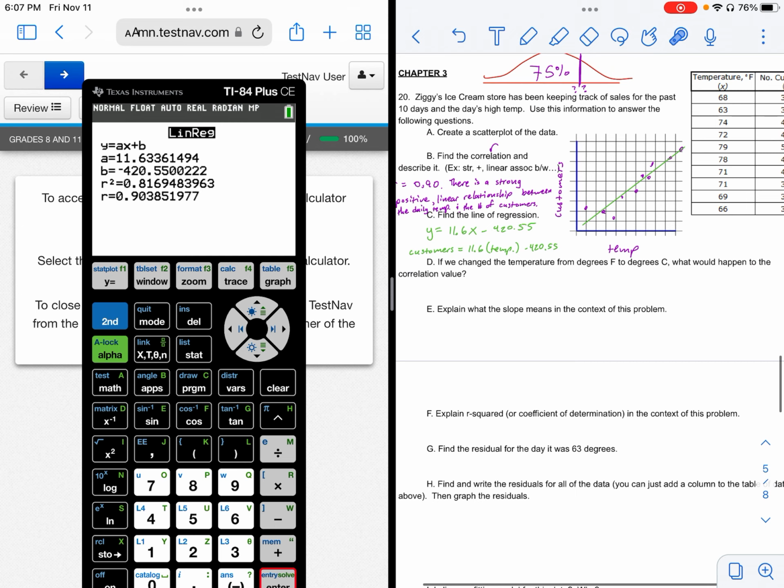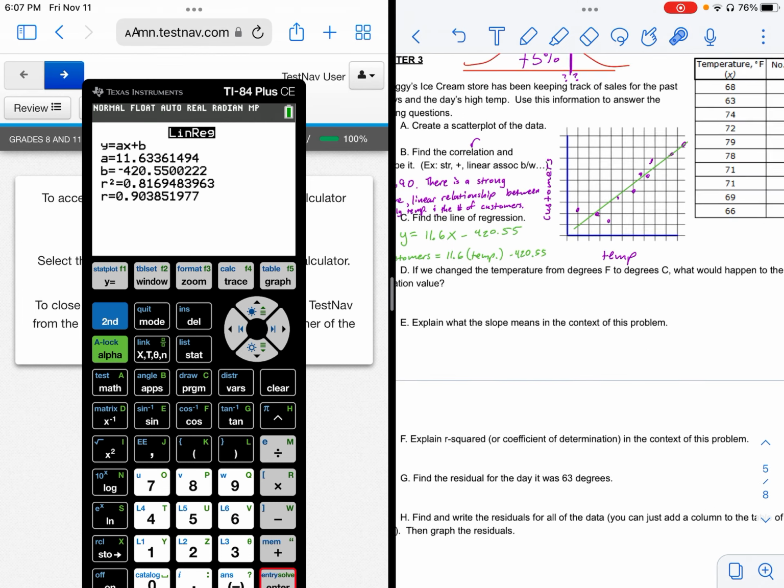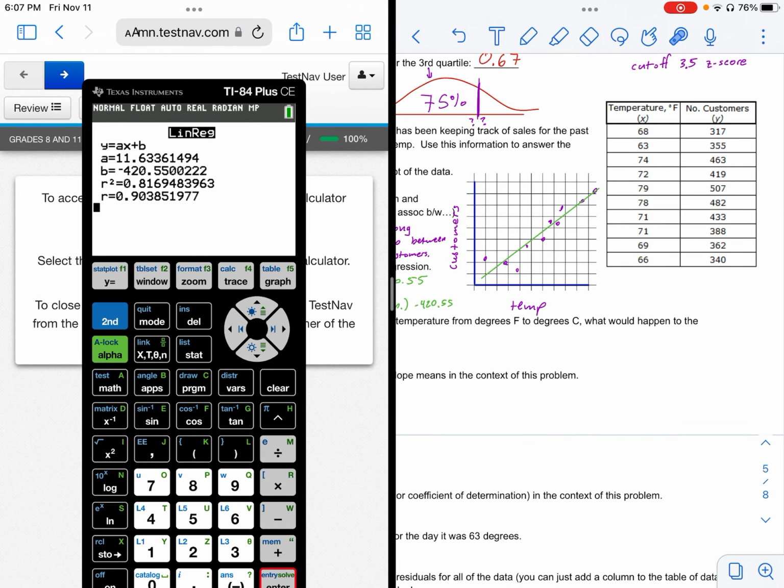Okay. If we change the temperature from degrees Fahrenheit to Celsius, what would happen to the correlation value? So if these were all of a sudden Celsius, is that going to change this relationship? I guess here's a way to think about it. Europe uses Celsius for their temperature.